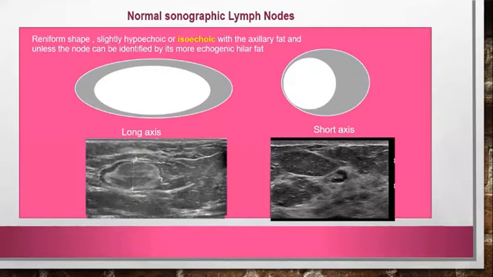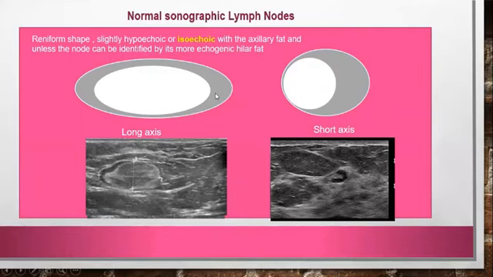Here is a long axis and short axis of an axillary lymph node. In the short axis it is seen as a C shape, and in the long axis it has a reniform or oval shape with a central hyperechoic hilum, and this is the echogenic capsule and part of the cortex, and this is the hypo- or isoechoic cortex.